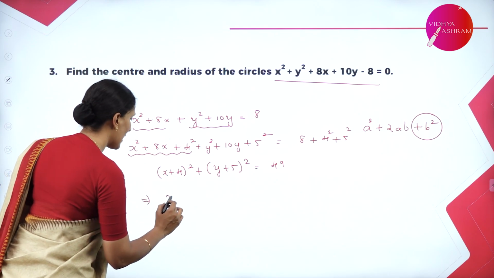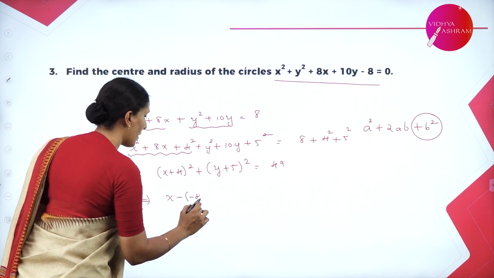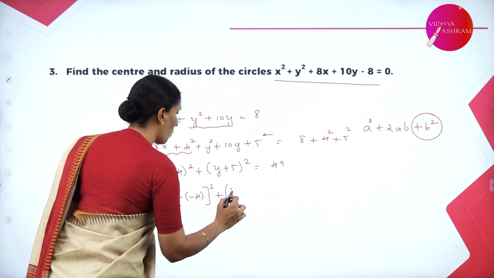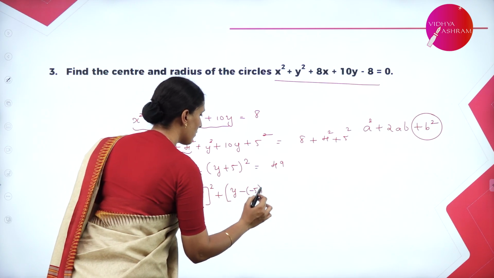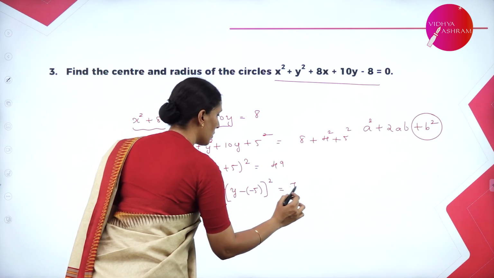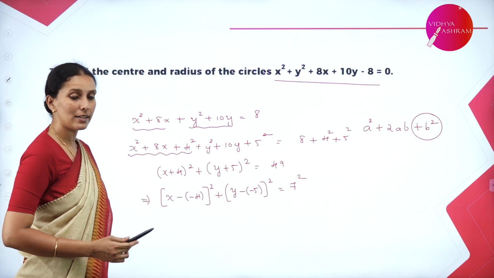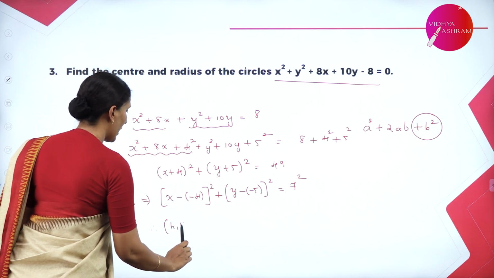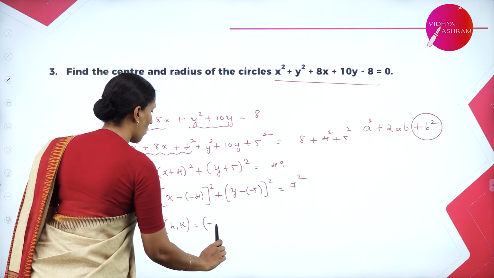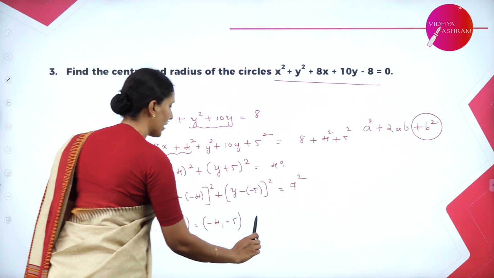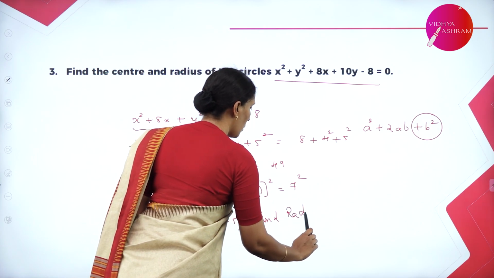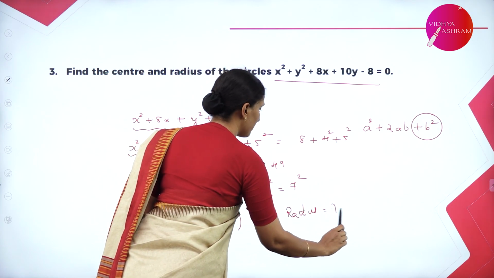So I'll write this as (x minus of minus 4) whole square plus (y minus of minus 5) whole square is equal to 7 square, because 49 is a square of 7. Therefore h comma k takes the values minus 4 comma minus 5, and the radius of the circle will be equal to 7.